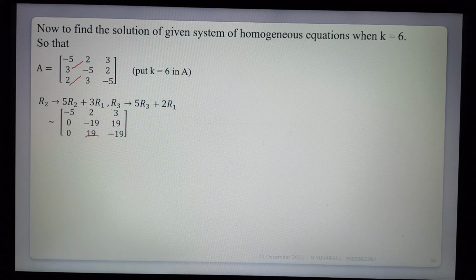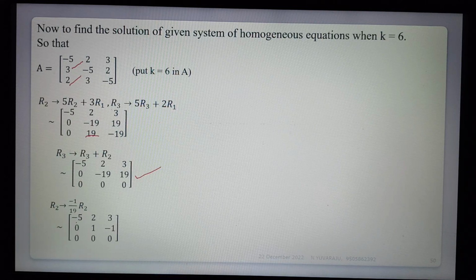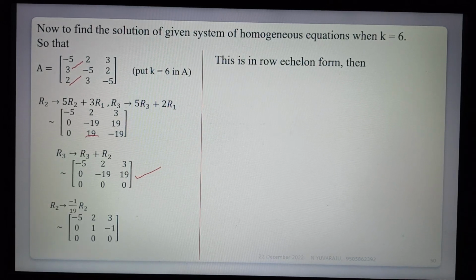Next, making this element 0 using R2, R3 plus R2: minus 5 2 3, 0 minus 19 19, 0 0 0. So this is row echelon form. Also simplifying, R2 divided by minus 19: minus 5 2 3, 0 1 minus 1, 0 0 0. So this is row echelon form.